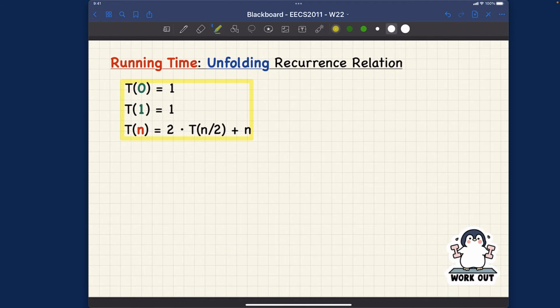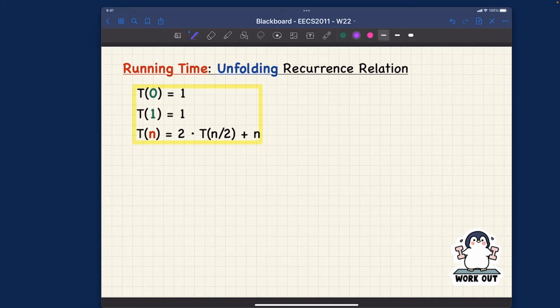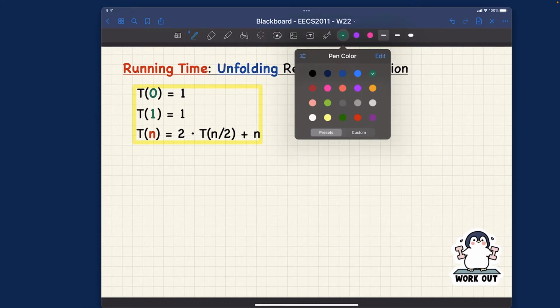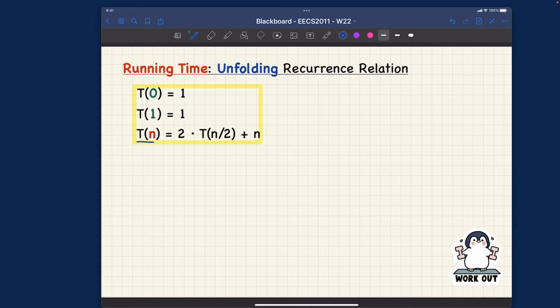The way we're going to do it is by unfolding the equation, and hopefully we can find the pattern and see how it looks when we reach the base cases. Let's start. I will start with T of n. According to the definition, it is equal to 2 times T of n over 2 plus n.